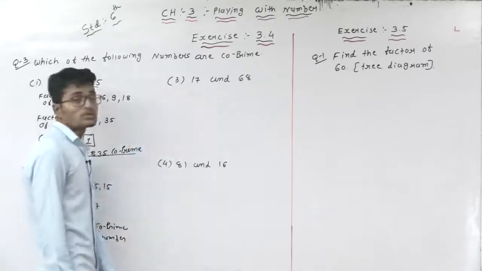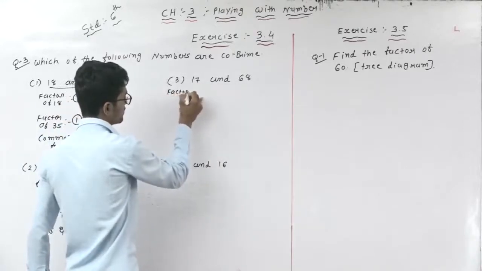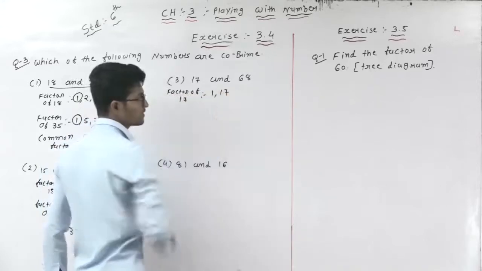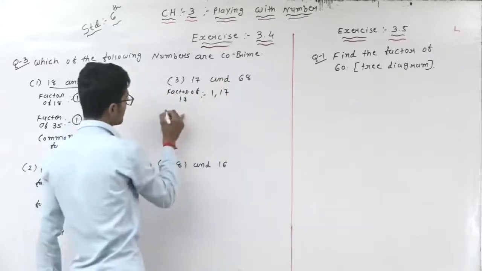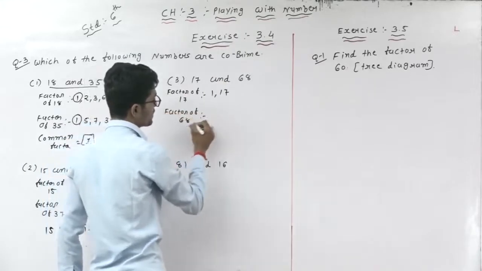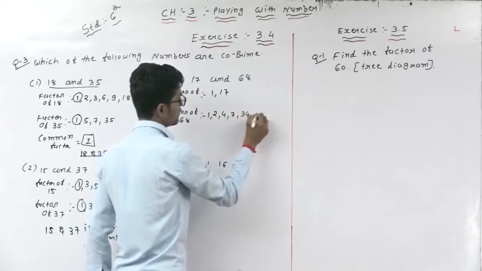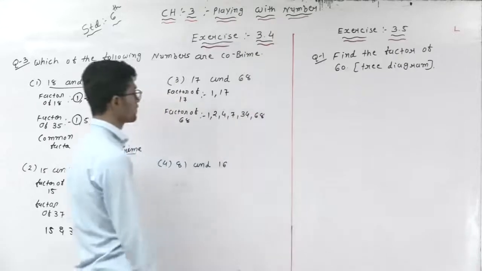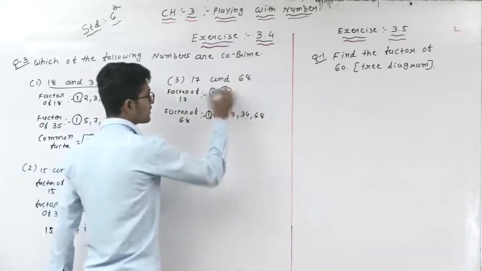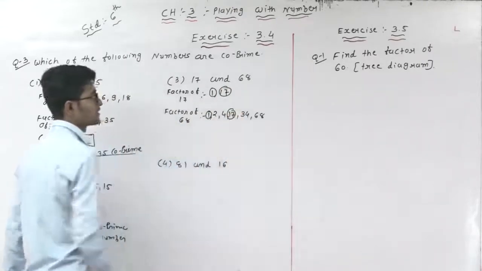Same for the third question. 17 and 68, factors of 17. Factors of 17 are 1 and 17 only. Now find the factors of 68. What are the factors of 68? 1, 2, 4, 17, 34 and 68. These are the factors of 68. So find the common factor. 1, and sorry, here 17 is also a factor of 68.